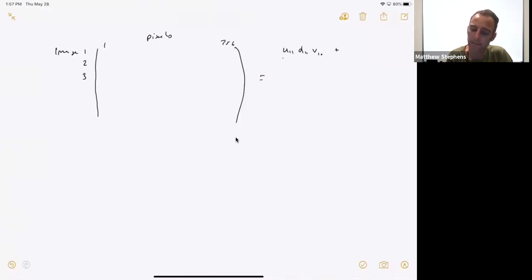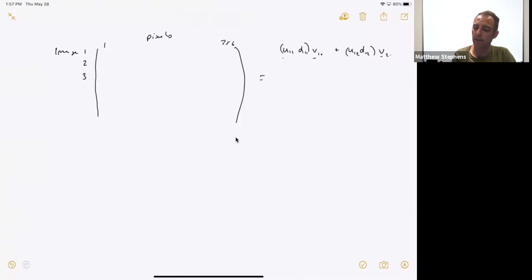Maybe it should be V transpose 1 dot, but let's not worry about it. By V I mean the rows of V transpose. So this is the first row of V transpose. And then we're going to have U12 D12, let's just put these together because they're just a number, times V2 dot.